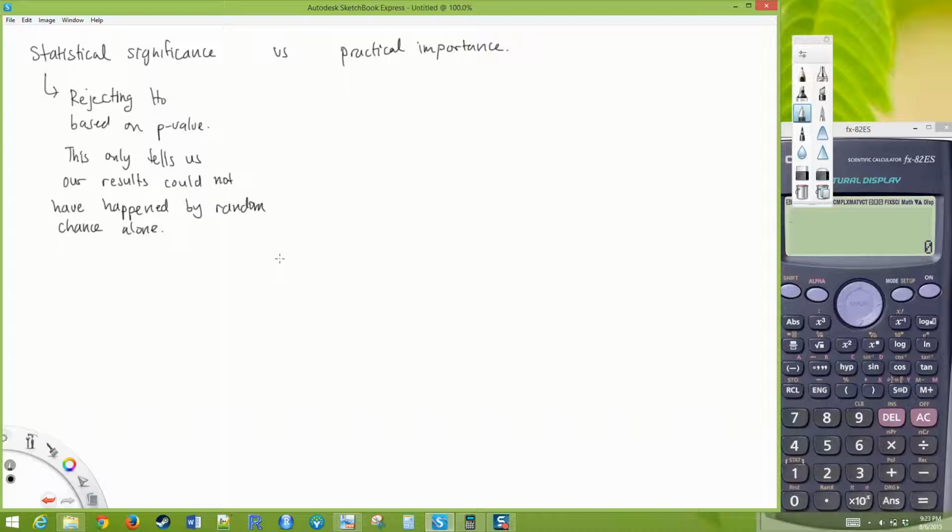And if it means I'm going to have to drive through this part of town that seems a little bit shadier or whatever it might be, these are the questions that only you, the driver, can answer. Statistics can just tell you this 42-second difference you observe is not a result of random chance, but the fact that the shortcut is indeed faster, okay? But is that important? Maybe, maybe not, okay?